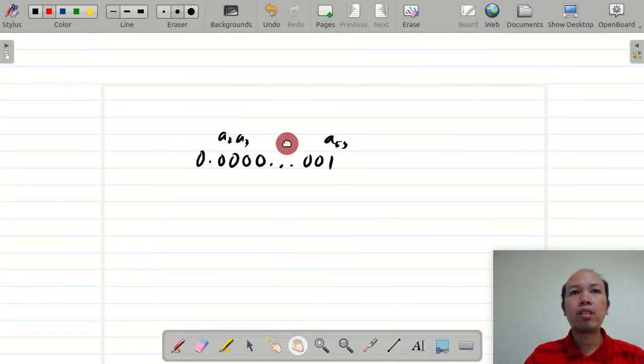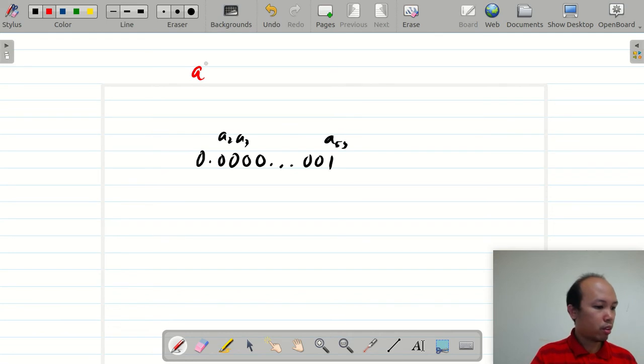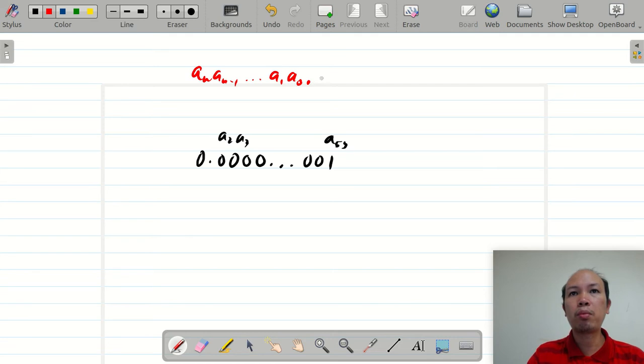I think this is the right one. I forgot the formula. Let's say a sub n minus 1 up to a sub 1, a sub 0, point. This is the radix point.